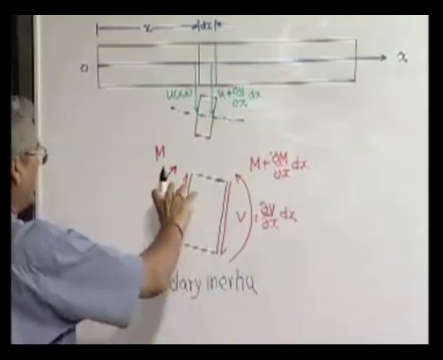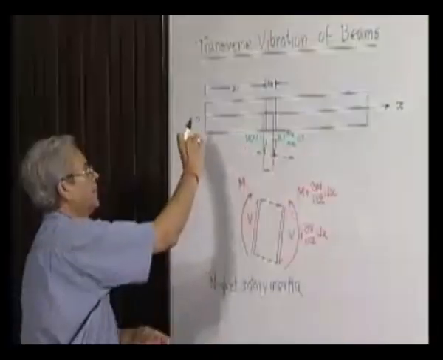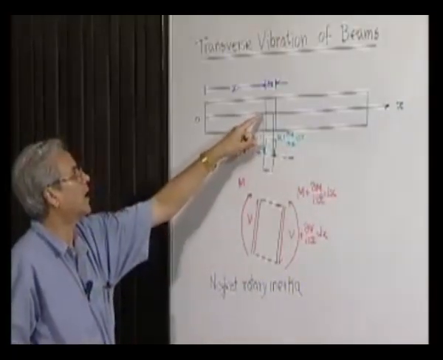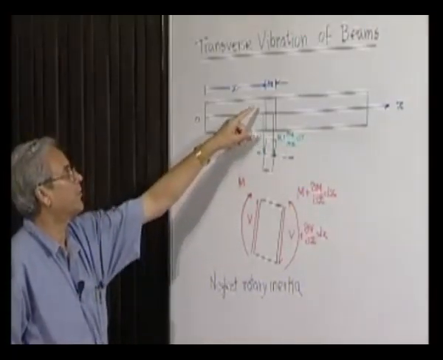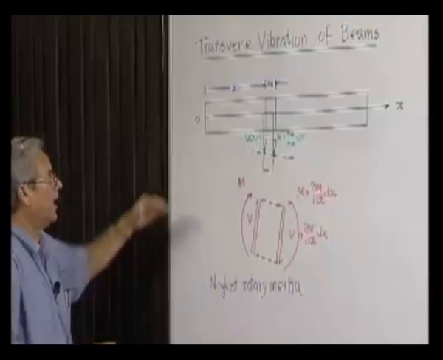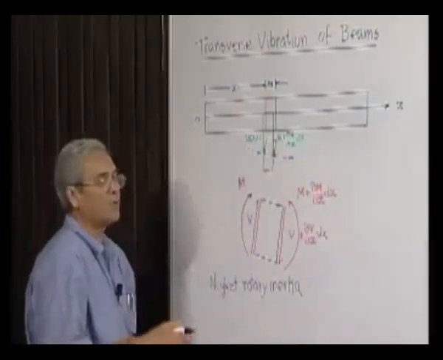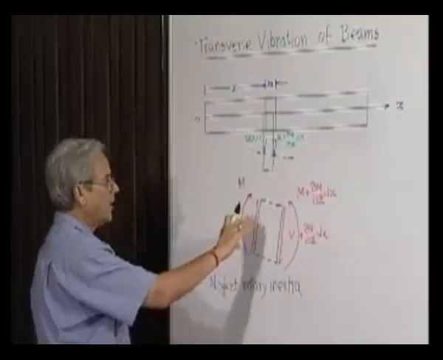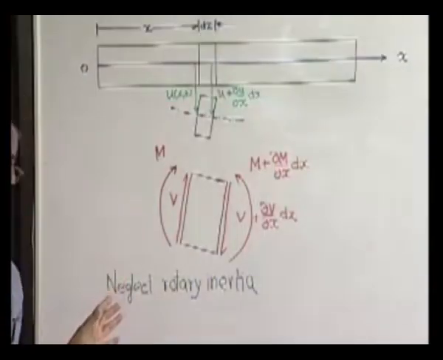It means that in this direction of rotation, first of all it is small vibration. So this u is very small, it hardly moves too much away from the original location, and the slope of the bending is also very small. So therefore the angular motion of the element is ignored.